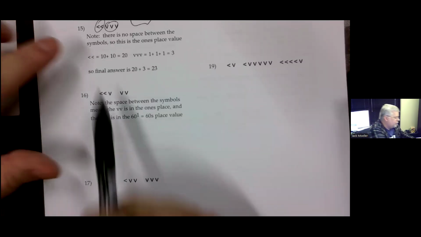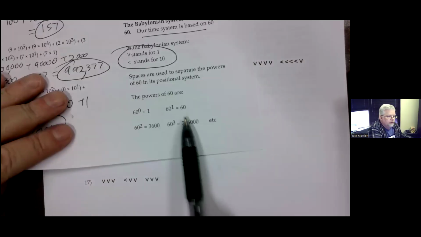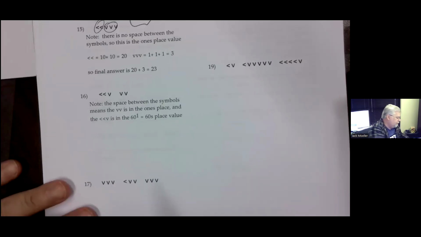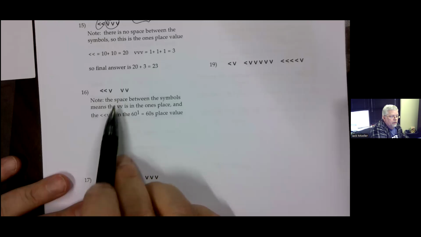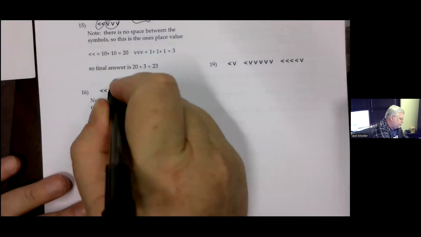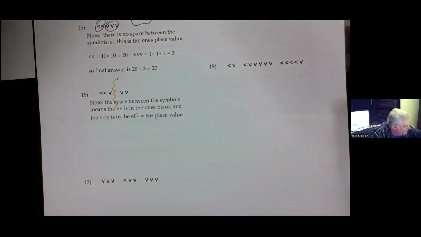All right. That was pretty straightforward because we didn't have to worry about these different powers of 60. Now we get to, all right, what do we have here? So we have the space between the first 3 and the second 2. So let me get different colors here.